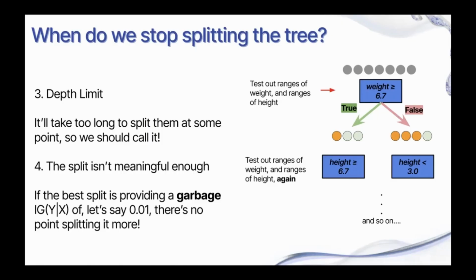You might be asking, if I stop there but it's not pure, what is the class going to be? Any ideas? Let's say I keep splitting the tree and I reach my depth limit here. Let's say I get a new fruit and it goes there. What should I predict, an apple or an orange? The dominant.